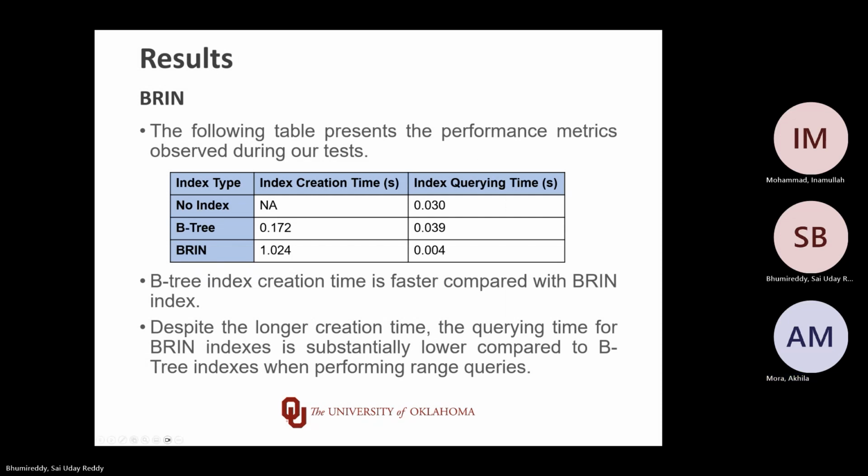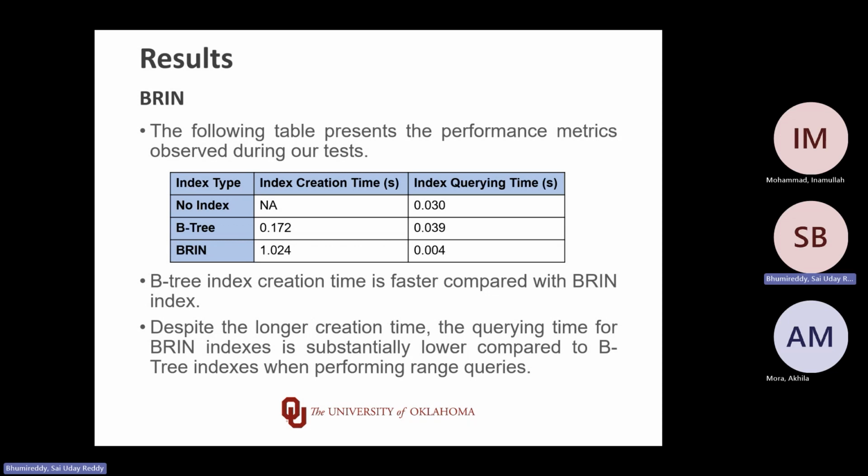Hi again. So coming to the results of BRIN, after applying the BRIN index on the date column of the COVID data, here are the results of the retrieval query and the creation time for the B-tree index, BRIN index, and without an index on the COVID data.